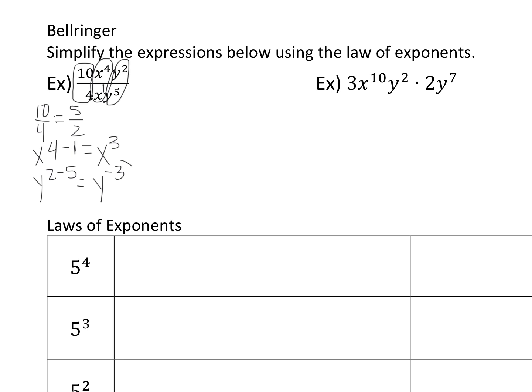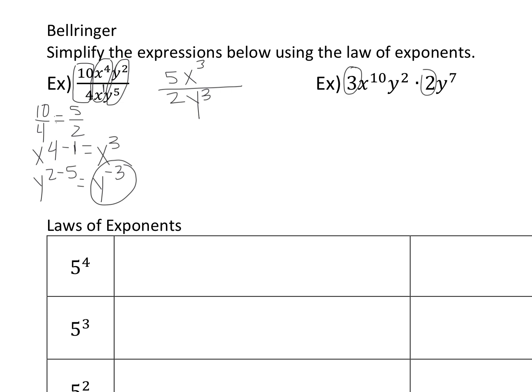And we talked about negative exponents go in the bottom. So my answer to this, I'm going to draw my big fraction bar, 5 over 2. My positive x to the third goes in the top. My negative y to the third goes in the bottom, and that 3 becomes a positive.